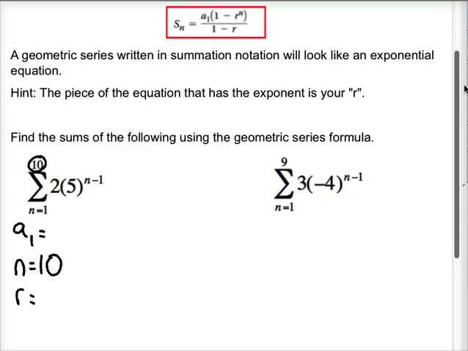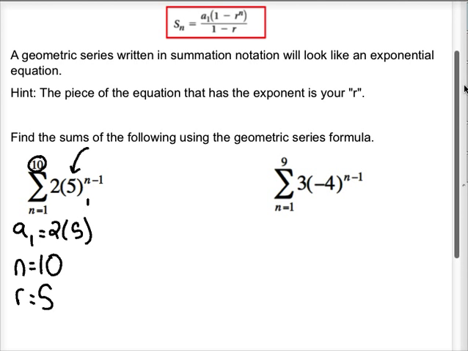So, two things we still have to figure out here. Well, the rate is actually just whatever is being influenced by the exponent. So in this case, your r is going to be 5 because that is what is being influenced by the exponent.